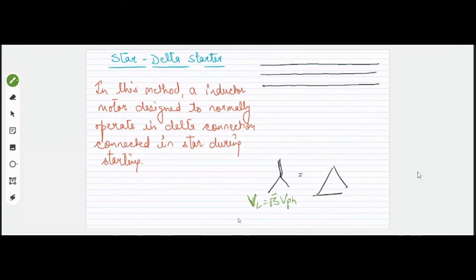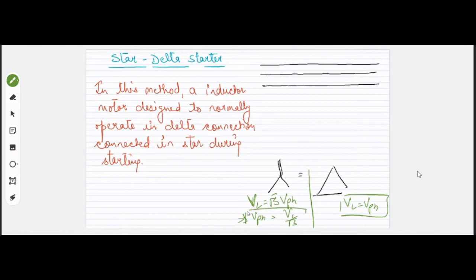So that means the phase voltage applied will be VL by root 3, whereas in case of delta, VL equals VPH.